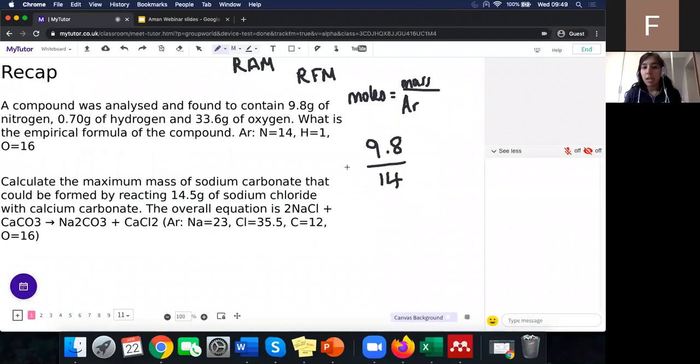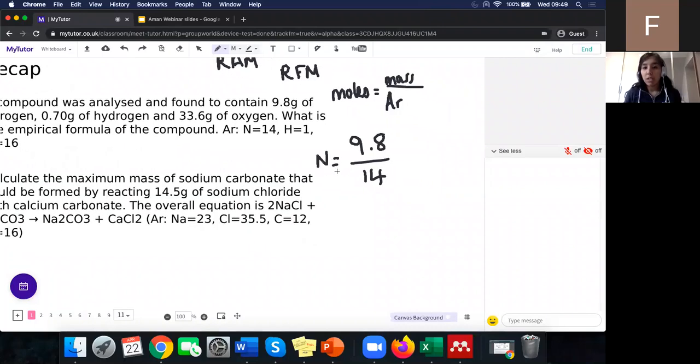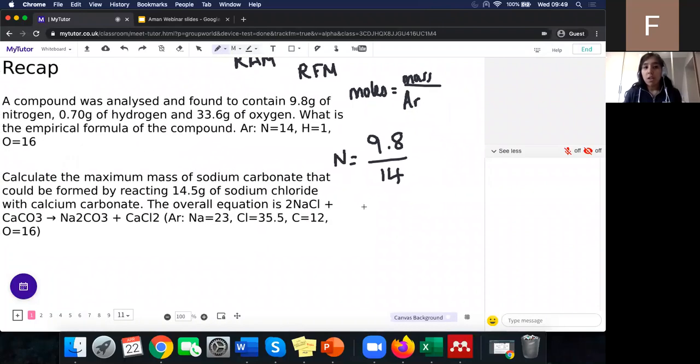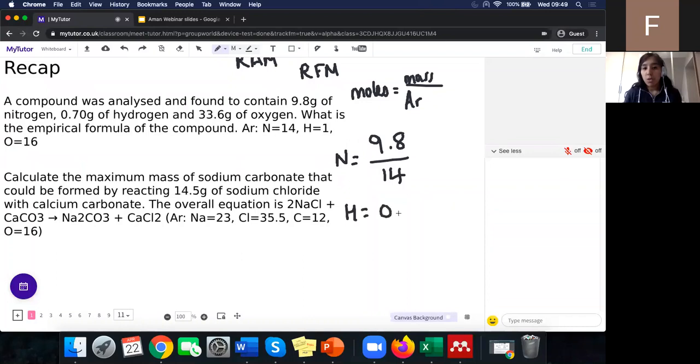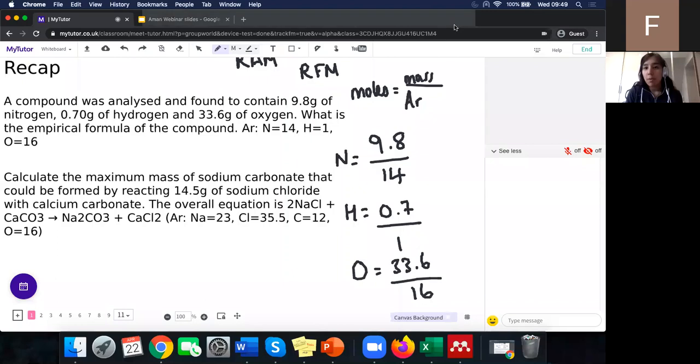Hydrogen will be 0.7 divided by 1, and oxygen will be 33.6 divided by 16.